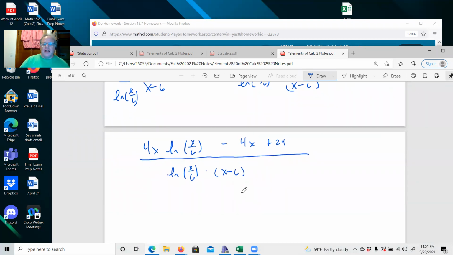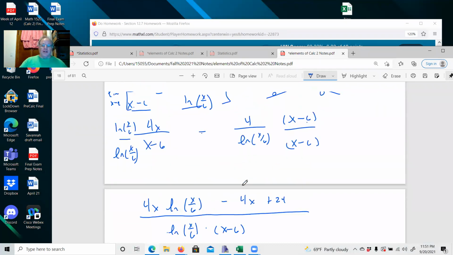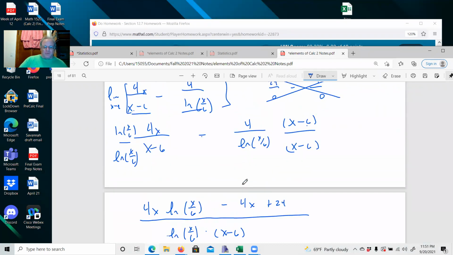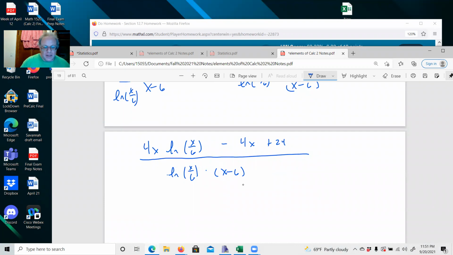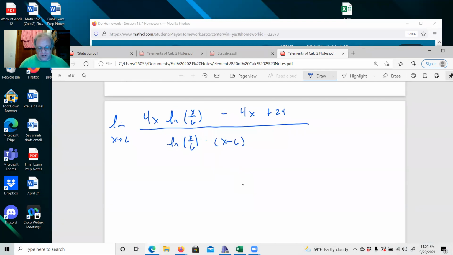Now we check: what is the limit as x approaches 6? If I plug that in, the top is 24 times the natural log of 6 over 6, which is ln 1, which is 0, minus 24 plus 24.